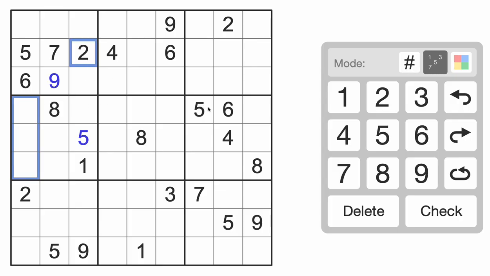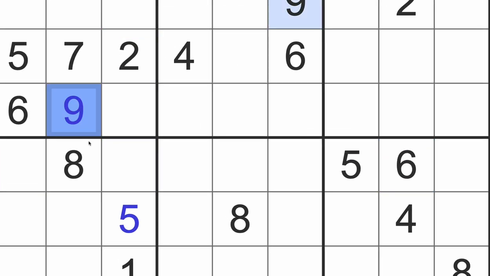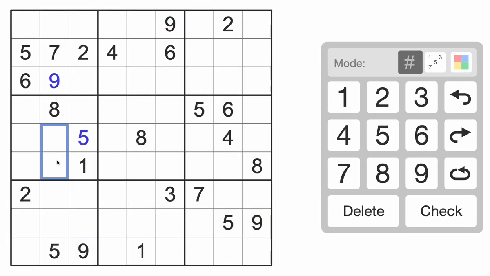And here's 2 and 6, which blocks this cell, so this cannot be used for 2 and 6. Sorry. So that creates 2, 6 double here. That means these are 1, 3, 4, which doesn't seem to help at the moment.